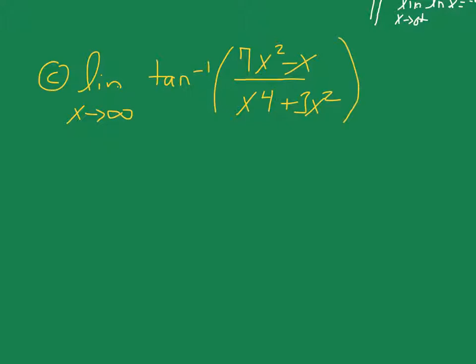So, again, we'll start by examining the limit as x tends to infinity of the argument of the inverse tan function. So what do we have there? So let's just check.